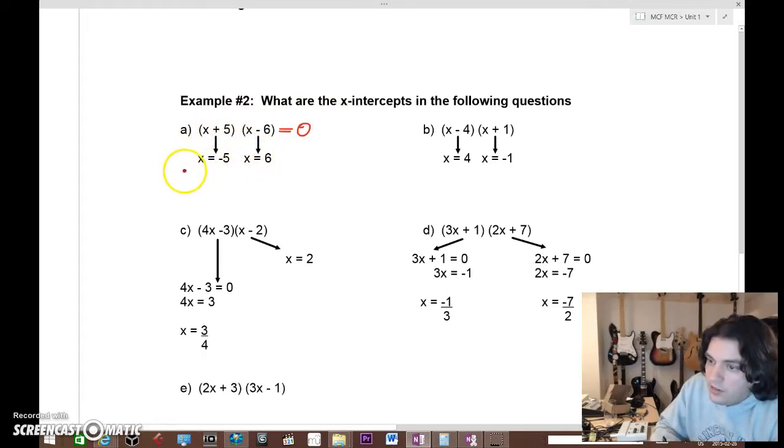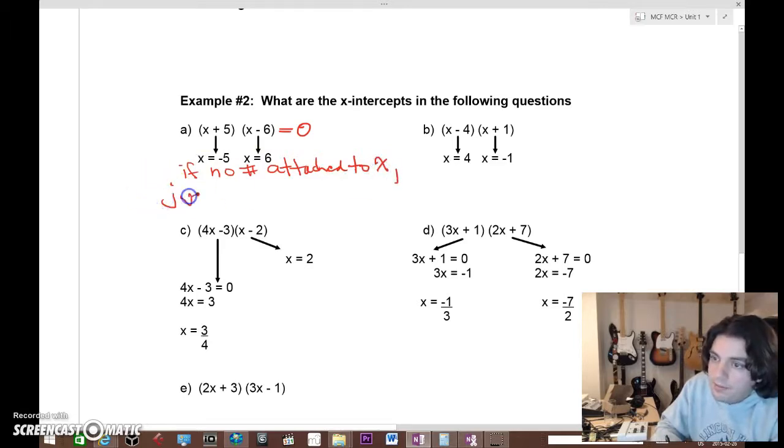And the simple note is that you can just flip the sign. As long as there's no number on the x, it's really easy. It's just as simple as flipping the sign. So if no number attached to x, just flip the sign.